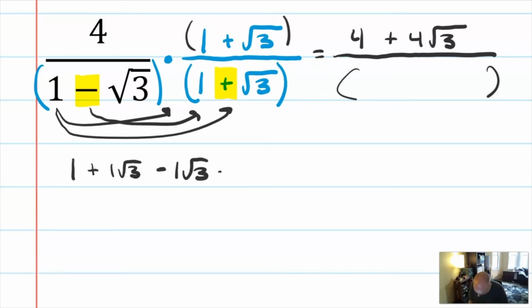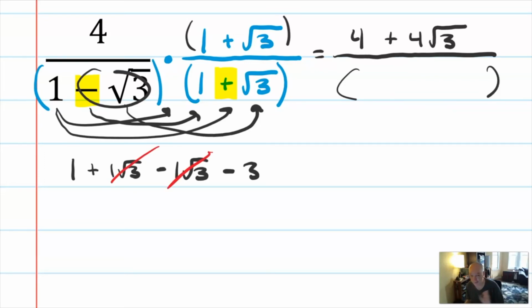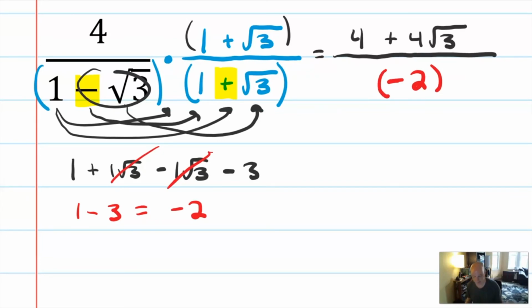And then minus root 3 times root 3, remembering the negative is attached to the root 3, I get minus 3. Well, guess what? These middle pieces have canceled out, and the root is gone, and all this is 1 minus 3, which is negative 2. So the entire denominator has become negative 2.